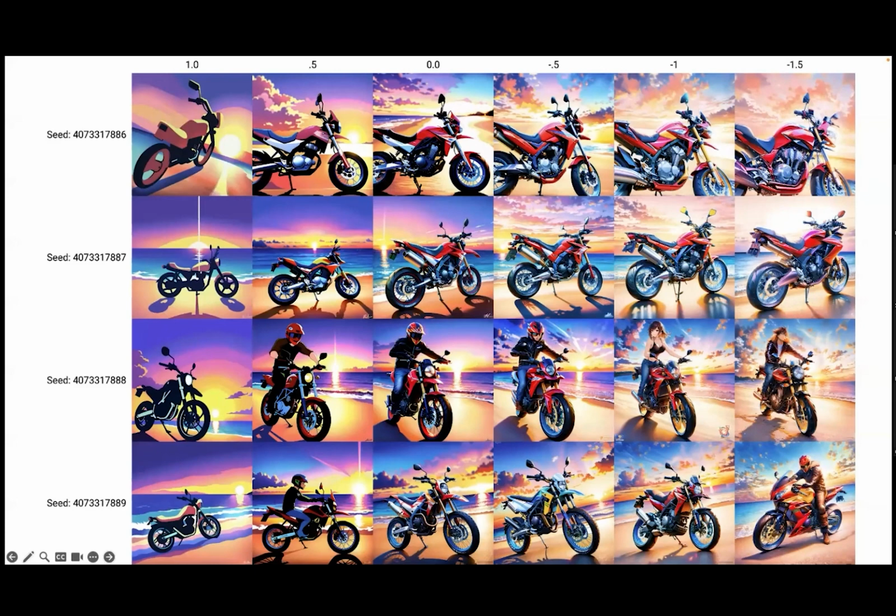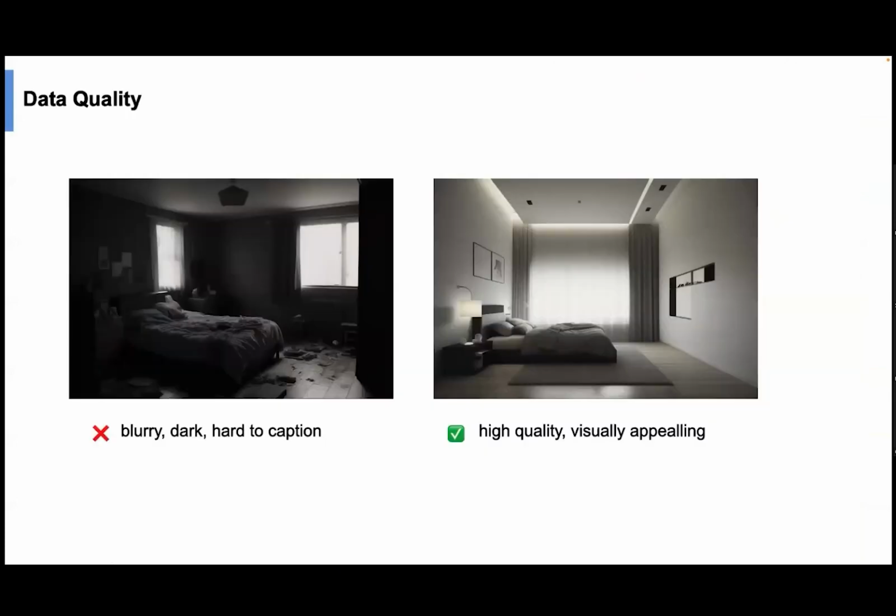After setting the expectation, we have to get our image data. I believe that you have heard of some basic rules, like the resolution should be larger than 512 times 512. Some other more subjective rules are also important.